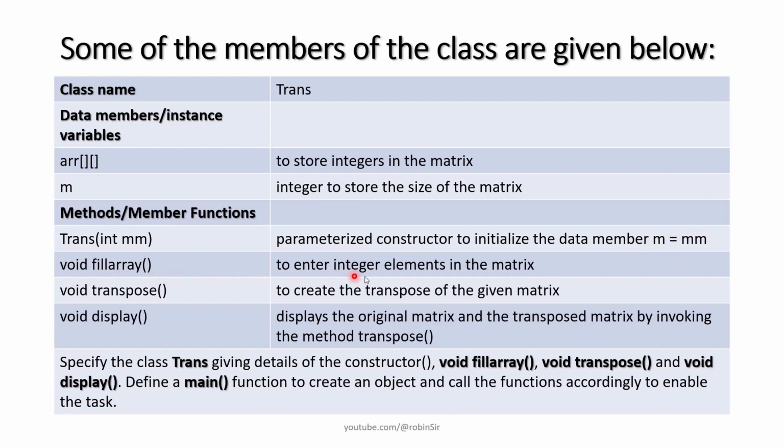Fill array function is going to fill the matrix with integers. The transpose function is going to find the transpose of the matrix, and the display function is going to display the original matrix and the transpose matrix by invoking the method transpose. We also need to define a main function to create an object and call the functions accordingly to enable the task. So let's begin writing the program now.